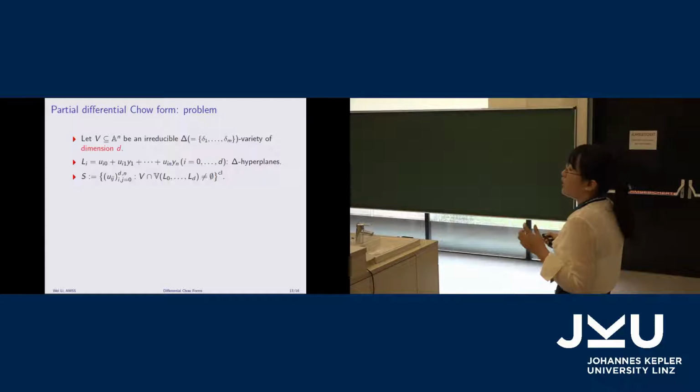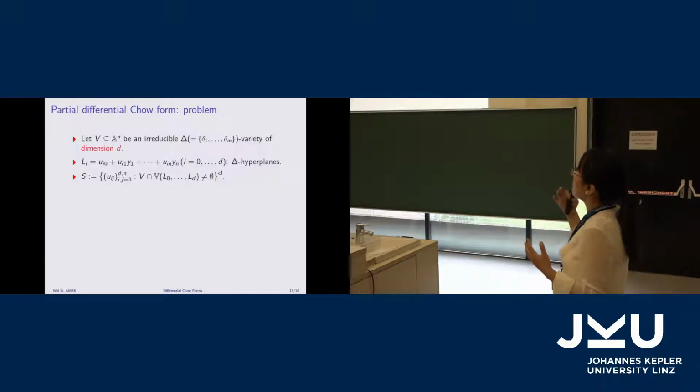So with the generalized partial differential generic intersection theorem, we can show this set S is actually an irreducible differential variety of codimension 1. But in the partial differential case, we encountered an obstacle to define partial differential Chow forms.